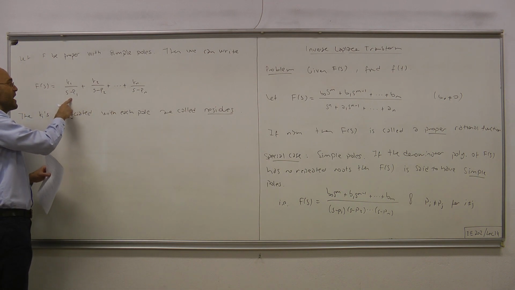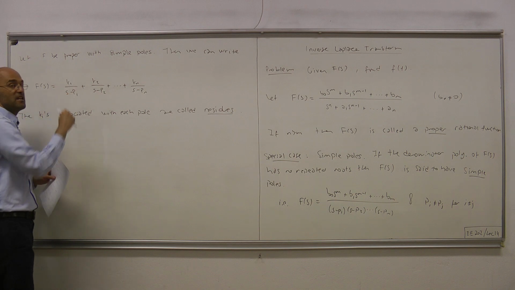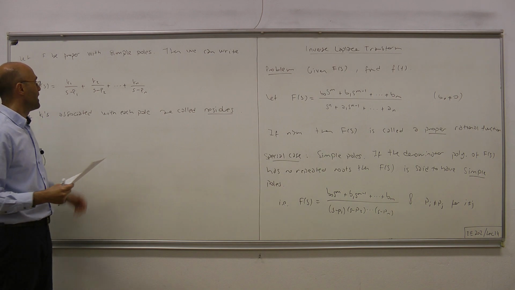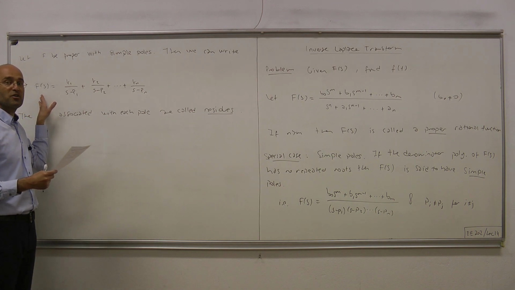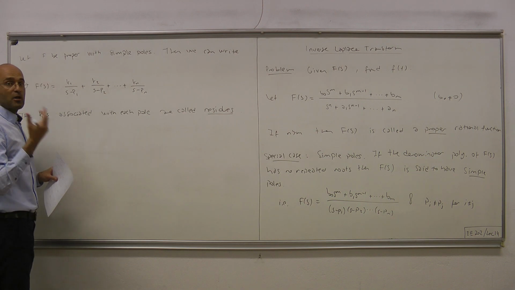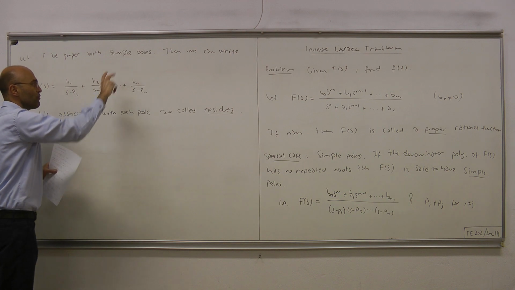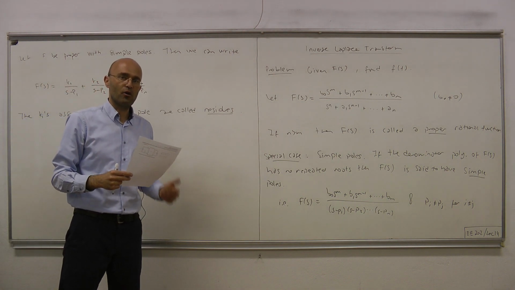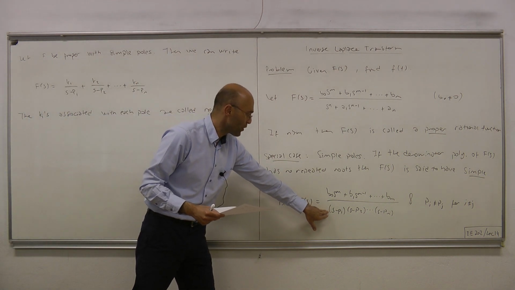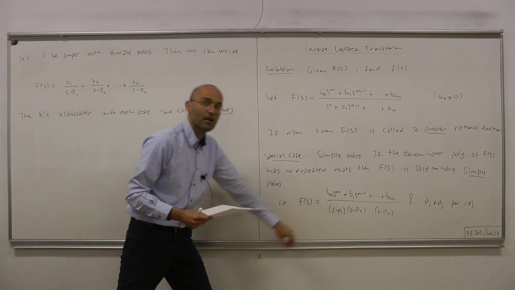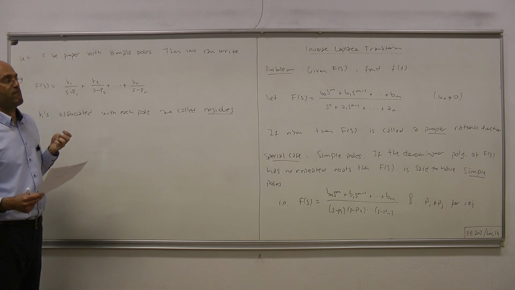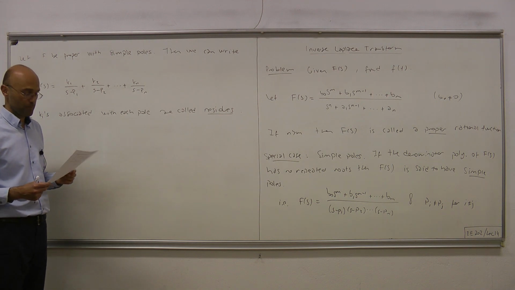Namely, this will yield k1 times e^(p1 t) in time domain, and this is k2 times e^(p2 t), and so on. And since the transformation is linear, the inverse Laplace transform of this sum equals the sum of inverse Laplace transforms of each of these simple first order terms. So this step, going from a single ratio to n simple ratios, is very important for the inverse Laplace transform operation.